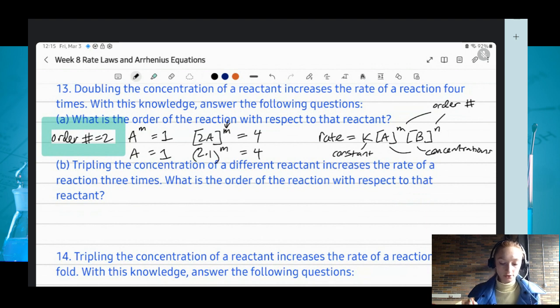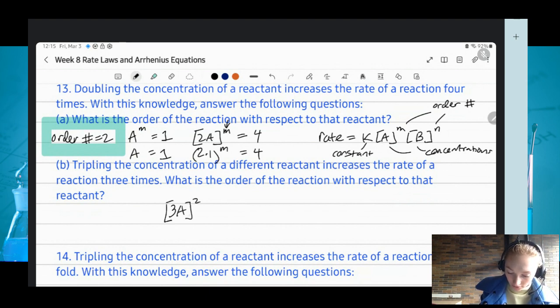Since we are tripling the reactant and the reaction is tripled, it means this has a 1-to-1 ratio. Because if this had a power of 2, an order number of 2, then the 3 would be squared, and with A equals 1 in this case, we would have 9A, so 9 times 1 equals 9.